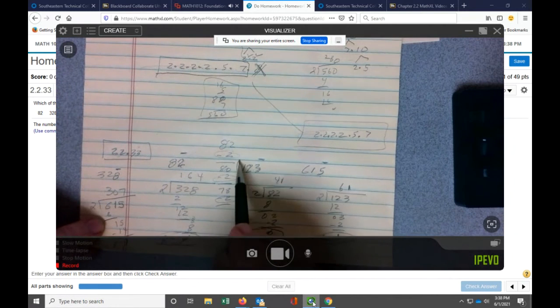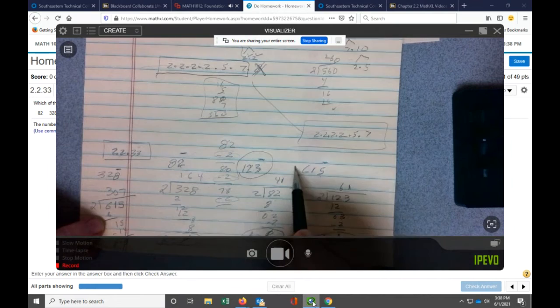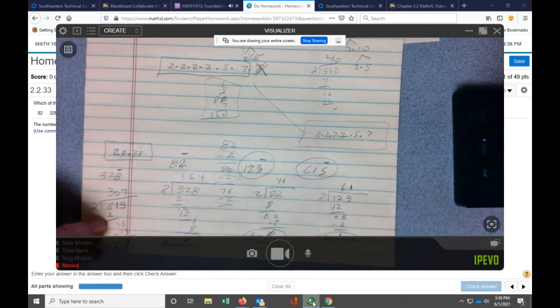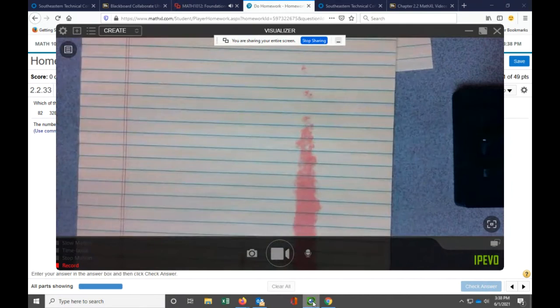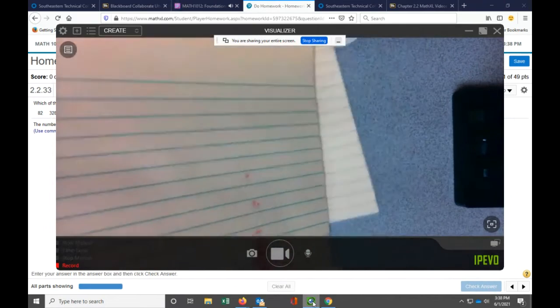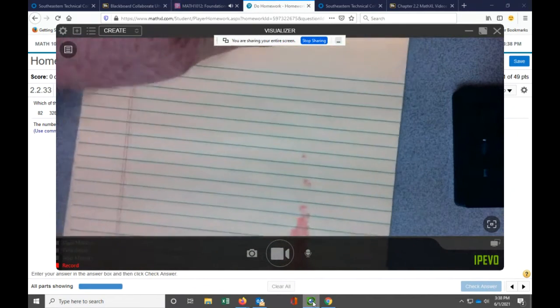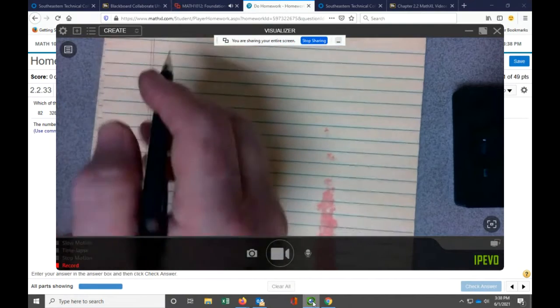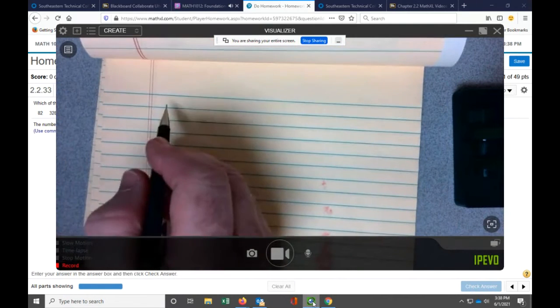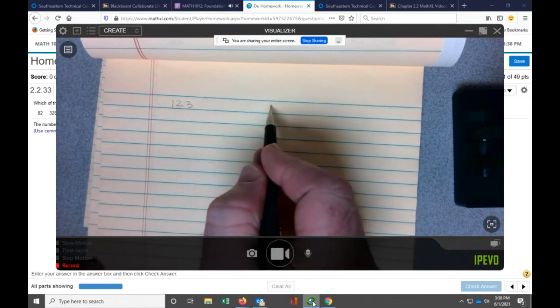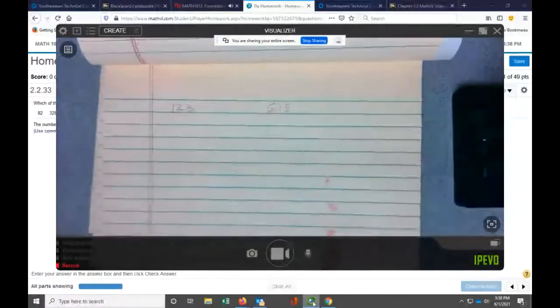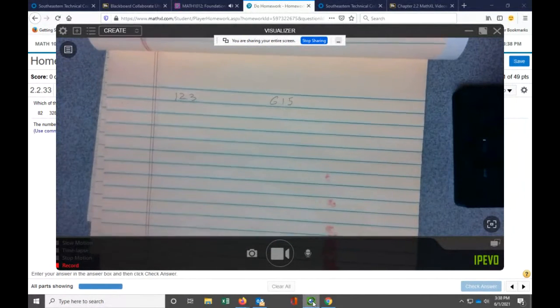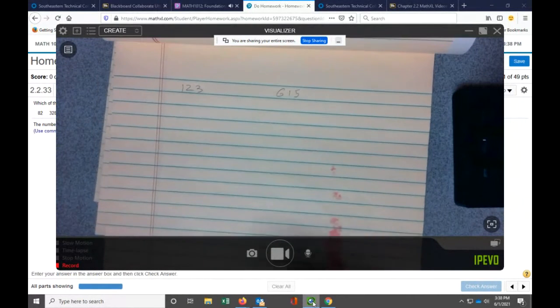So let's look at these two values here, the 123 and the 615, on another sheet of paper. So I'm just going to turn the page over. All right, so the two other values, and they didn't ask us to do this, but we'll do it anyhow, were 123 and 615. Do you remember any of those other divisibility tests?